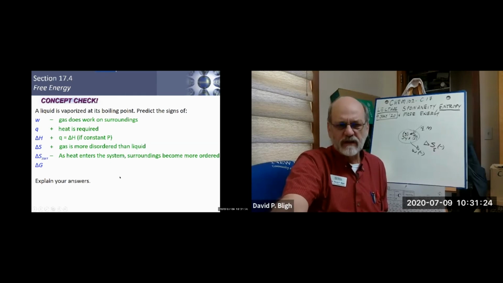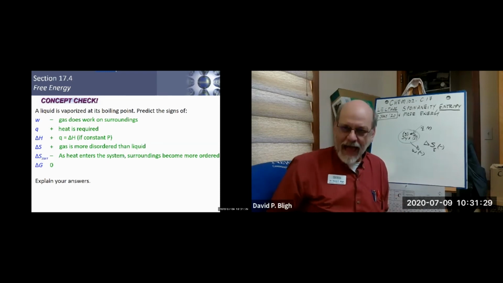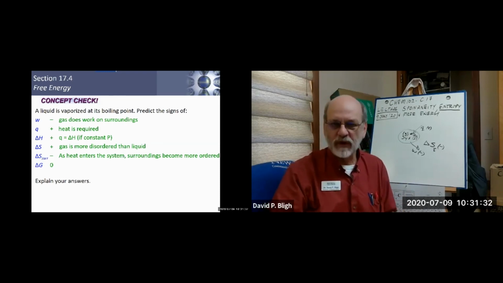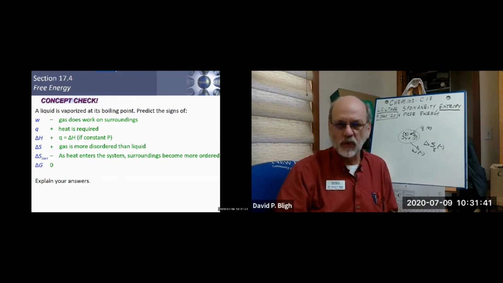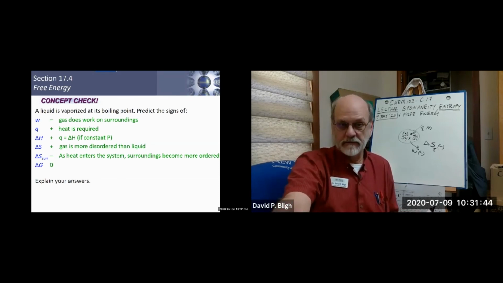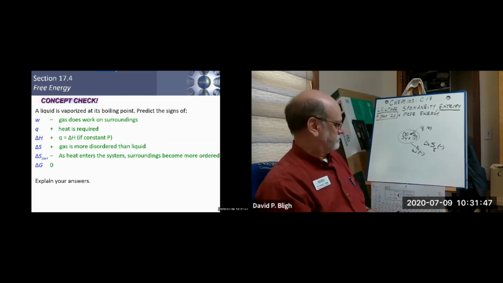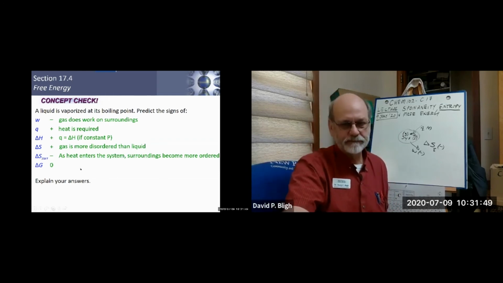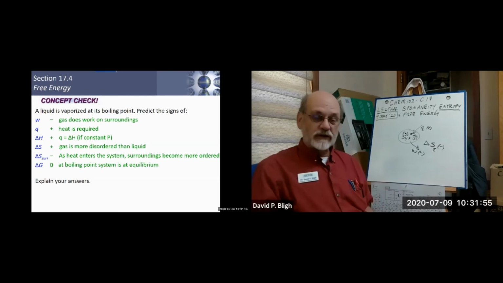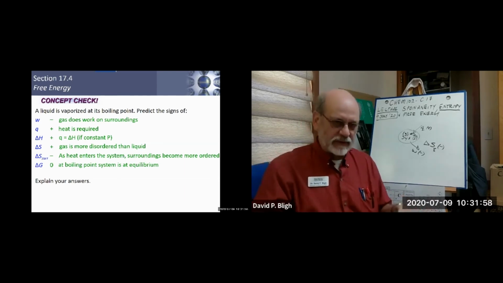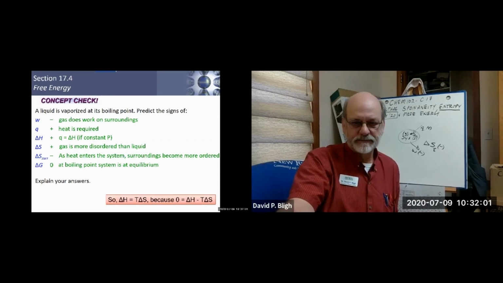How about delta G, free energy? At the boiling point or the melting point, delta G is 0. There's no energy available to do useful work. That's what that's saying. So if delta G is 0, you're at equilibrium. All right.